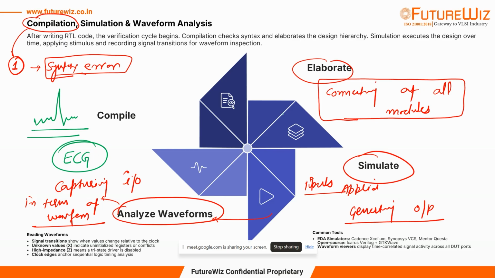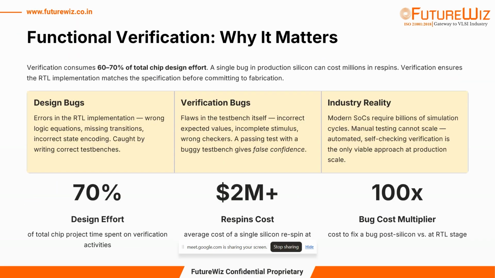So these are the perfect steps through which it has to go after writing the RTL code, before manufacturing, right? Then it will go with the functional verification. As I told you, 60 to 70% of total chip design effort depends on verification, right?